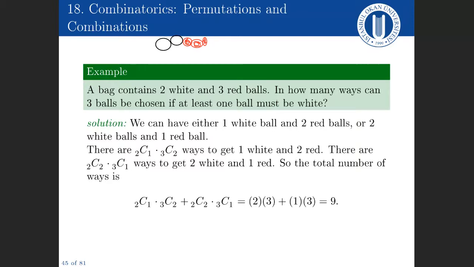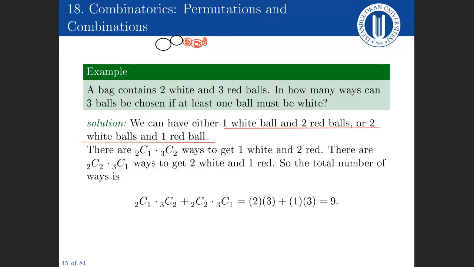So if at least 1 ball must be white, then there's 2 possibilities. We have 1 white ball and 2 red balls, or 2 white balls and 1 red ball.